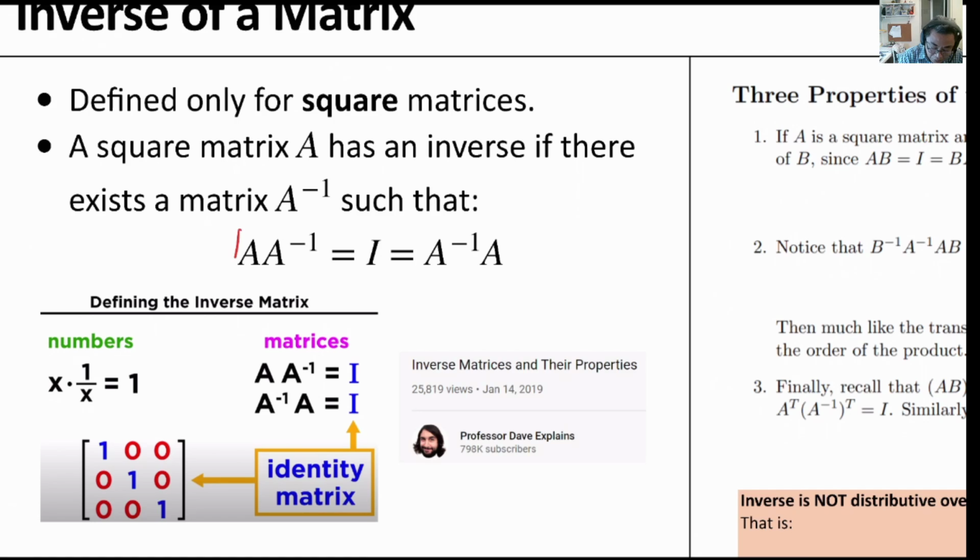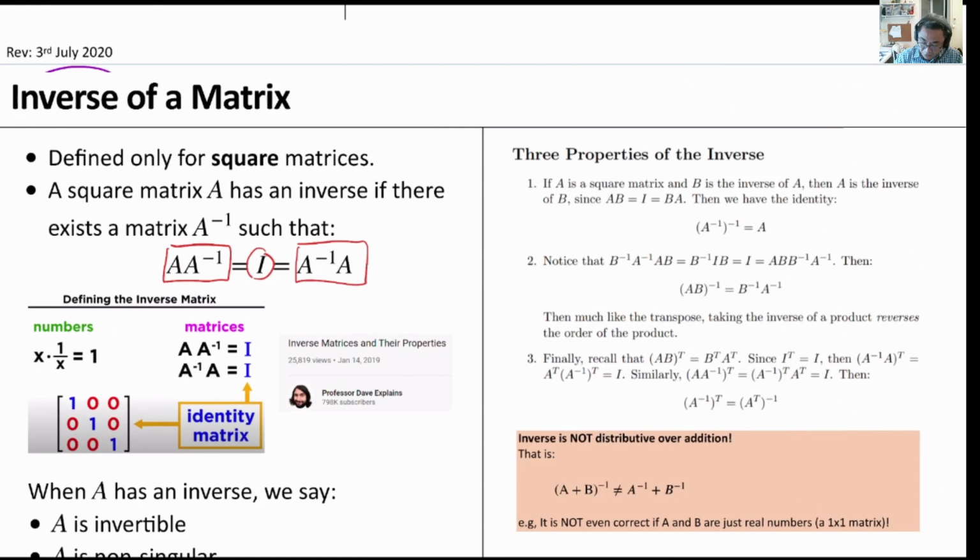Here we show multiplying the inverse of a matrix on the right hand side of A. Actually, we can multiply the inverse from the left hand side of A, and both will be equal to I. This is the property of inverse. So let's talk about more properties of inverse.